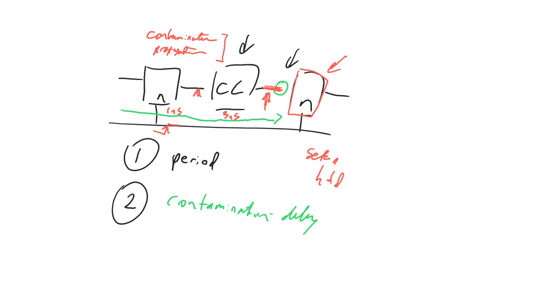And I'll cover this in part 2 in more detail, but intuitively, if we find that our contamination delay is 4 nanoseconds, then provided the hold time of this flip-flop is less than 4 nanoseconds, then we are in business. It means that this flip-flop can take a photograph of the input and not have to worry about it changing too soon. That determines whether our second constraint is satisfied or not.